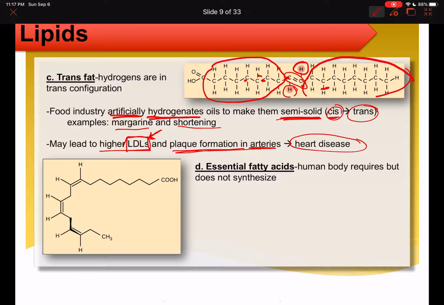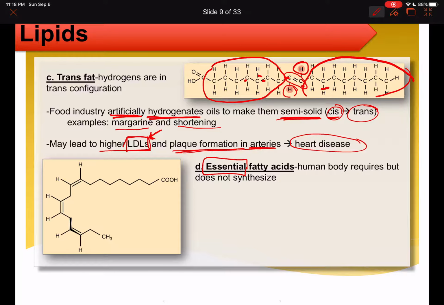All right, now there is something called essential fatty acid. Remember what I said about essential in the beginning? Essential means something we cannot synthesize, but yet our bodies require them in order to survive. Okay, so this is a form of lipids that is not for storage of energy per se, but we need it sometimes for other purposes.